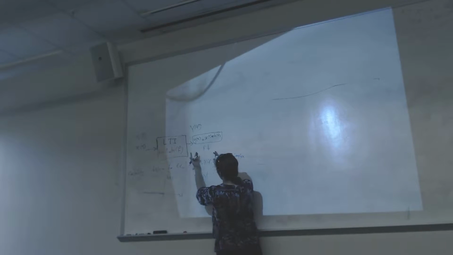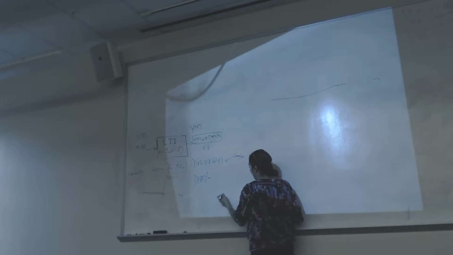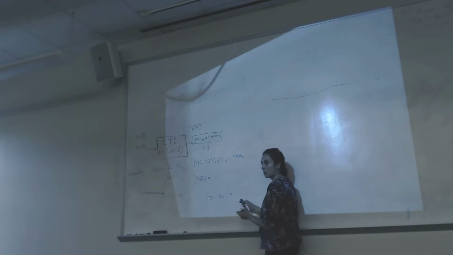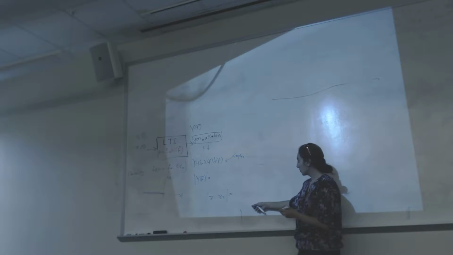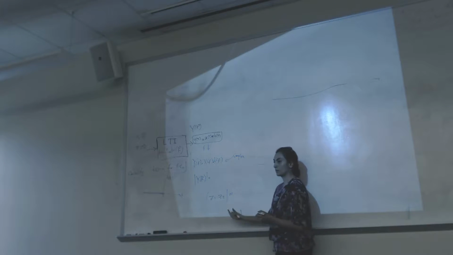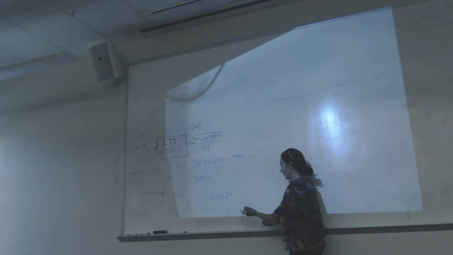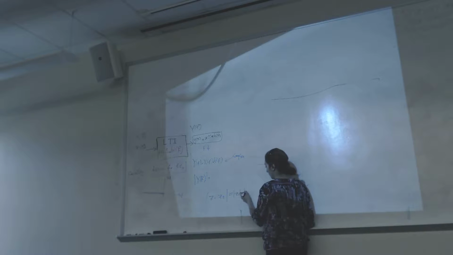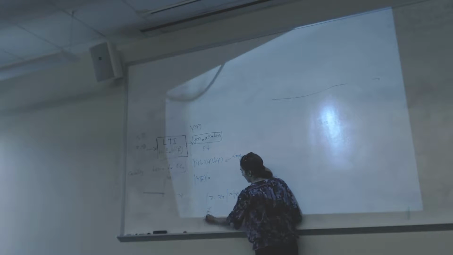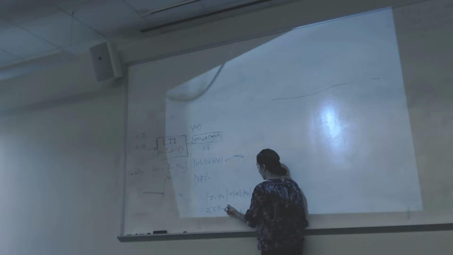The magnitude of a product, the magnitude of v1 times v2, is equal to the product of the magnitude of v1 and the magnitude of v2. Multiplication. So how about the phase? The phase of v1 times v2 is addition.